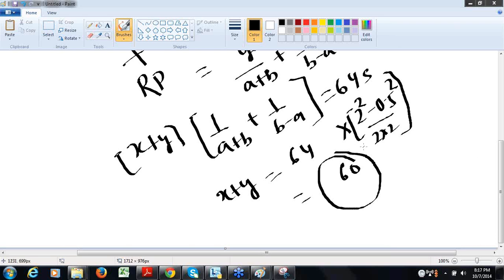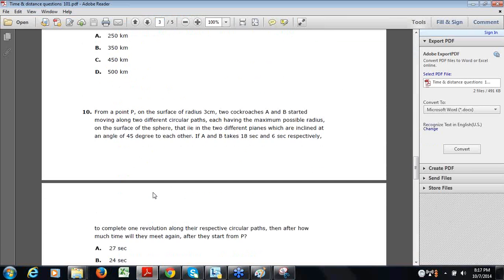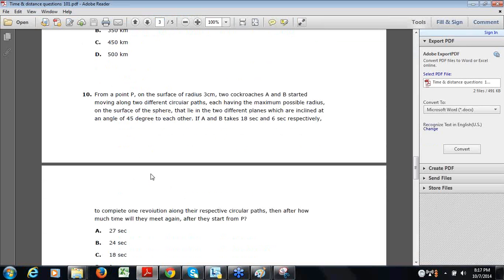Okay, question number 10. From point P on the surface of a sphere of radius 3 cm, 2 cockroaches A and B started moving along 2 different circular paths, each having maximum possible radius on the surface of the sphere, that lie in 2 different planes that are inclined at an angle of 45 degrees to each other.